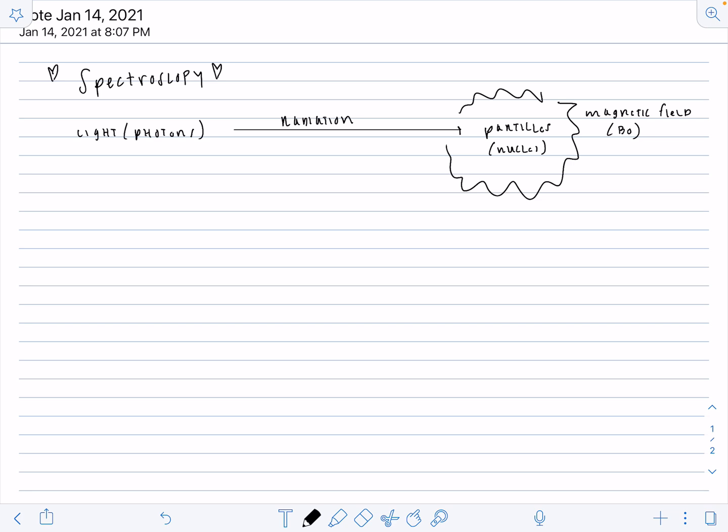So in order to understand why spectroscopy is important, we need to know a couple relationships. Wavelength and frequency are top two priorities, basically. If you know that their relationship is inversely proportional, you're already halfway there.